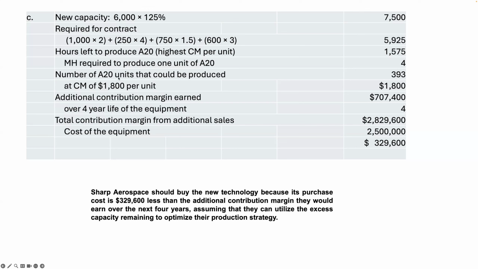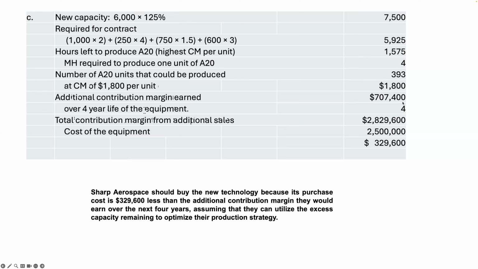I figured out the number of A20 units that can be produced. So 393. And I know the contribution margin for each unit. Okay, that is the $1,800. So I can calculate the total contribution margin. The contribution margin earned will be 393 times 1,800.